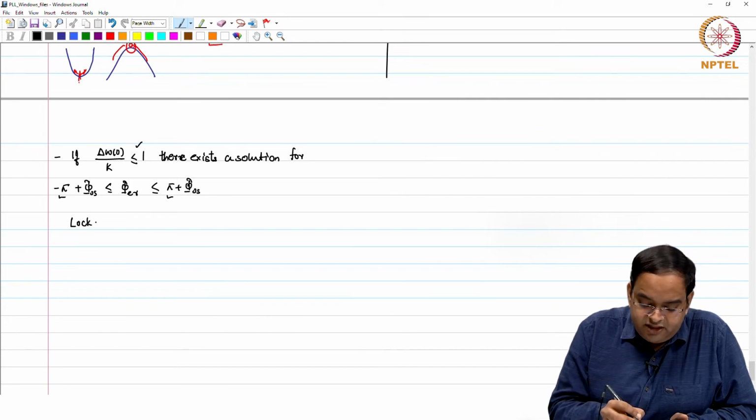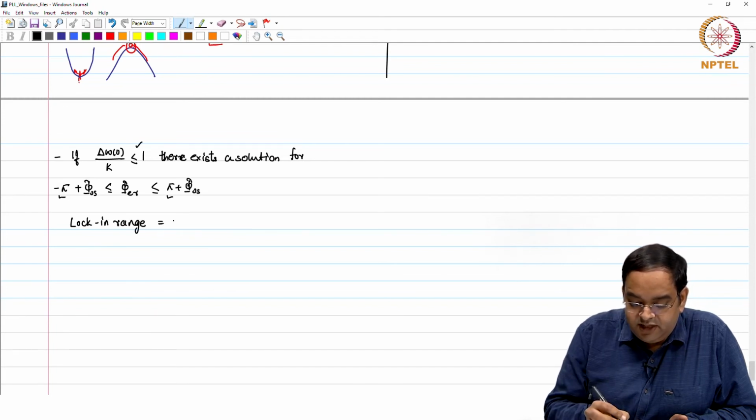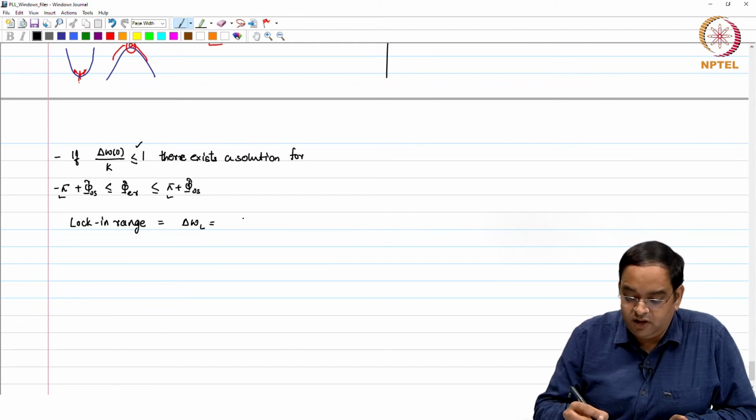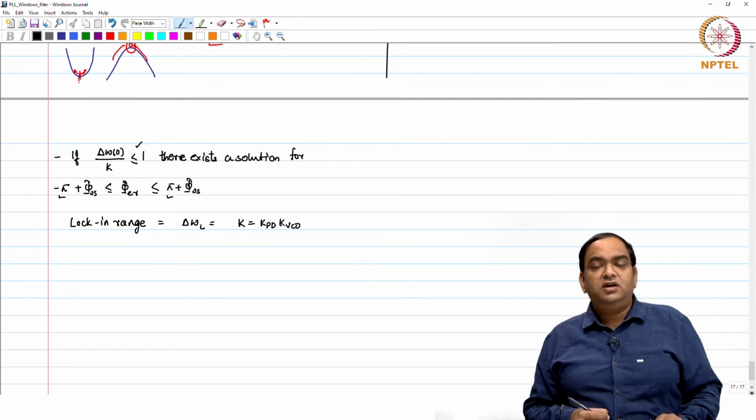So, lock in range is actually equal to delta omega L, which we call, and this is k, which is k PD times k VCO. This is the lock in range of the PLL.